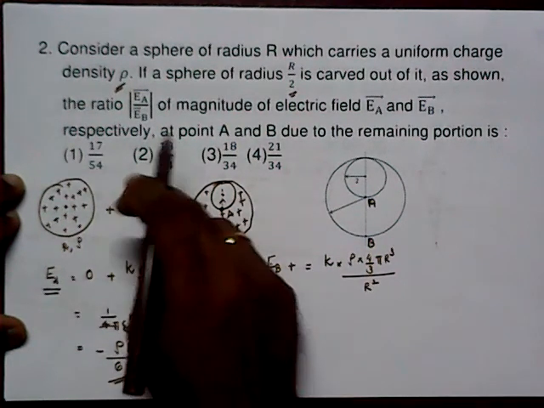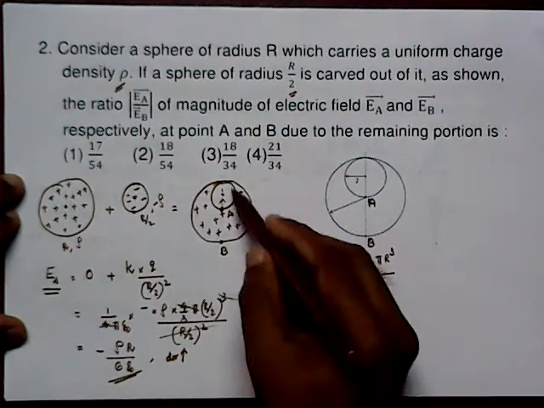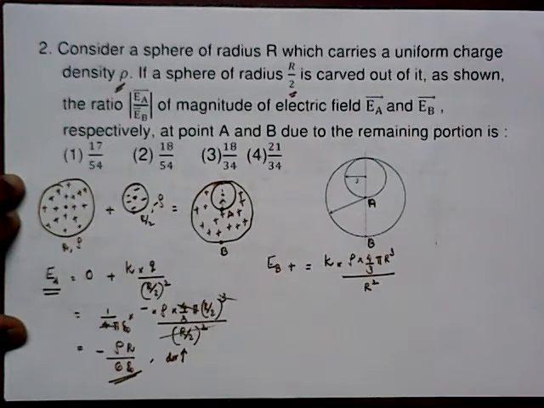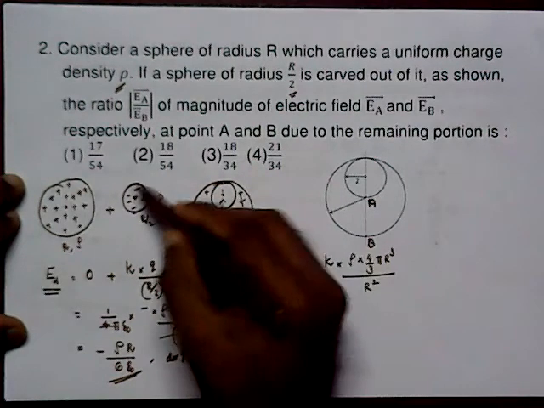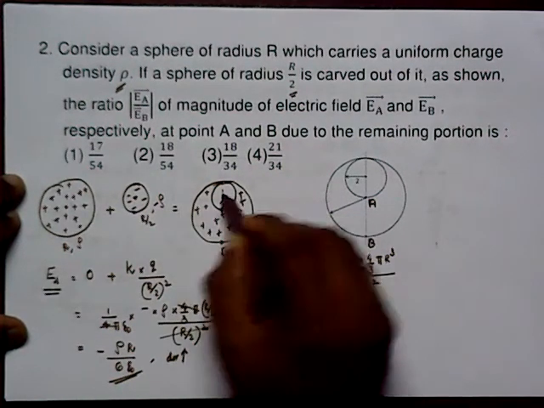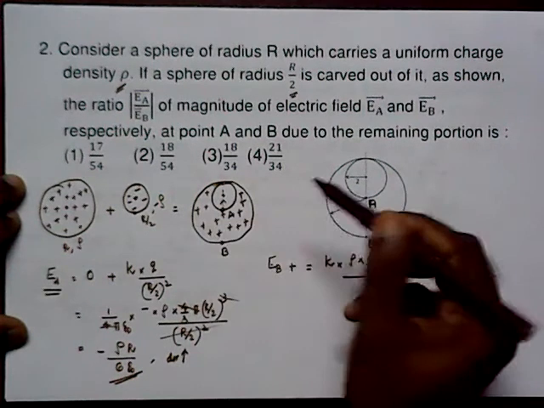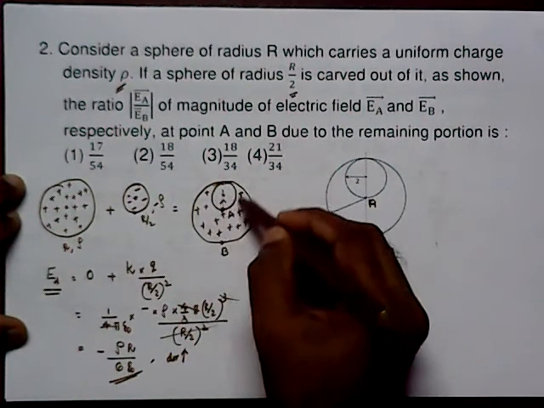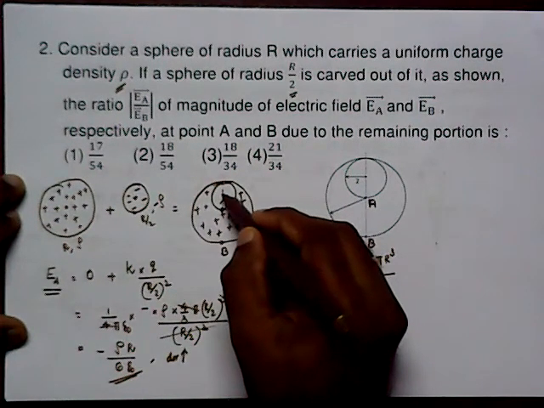Then what is the contribution of the removed part? At this point, we can consider the whole negative charge to be concentrated at its center, and hence all the negative charge is at this point.